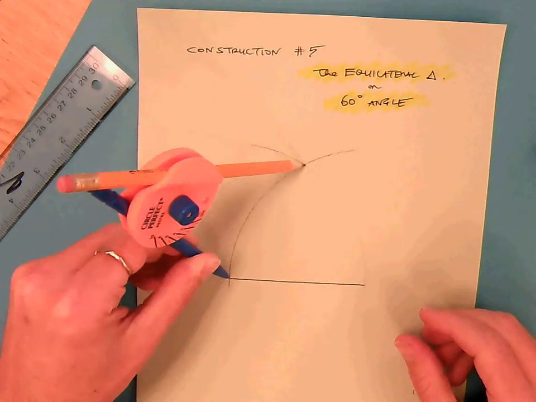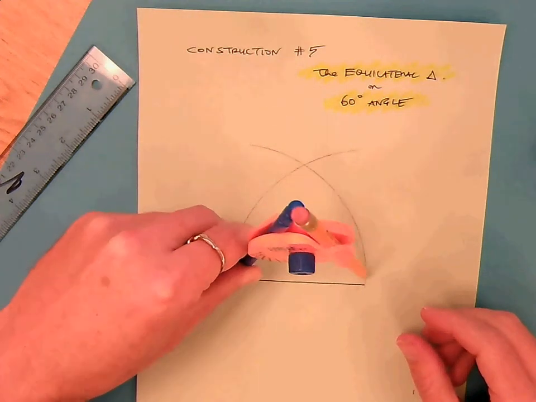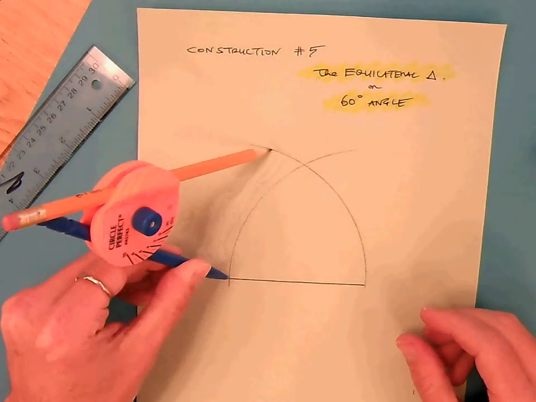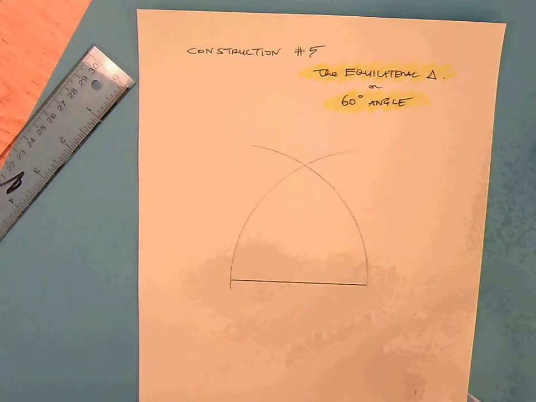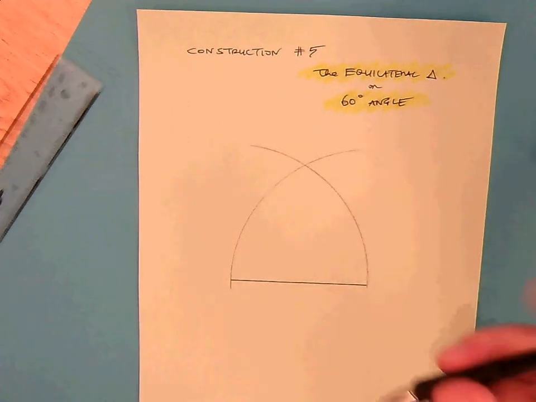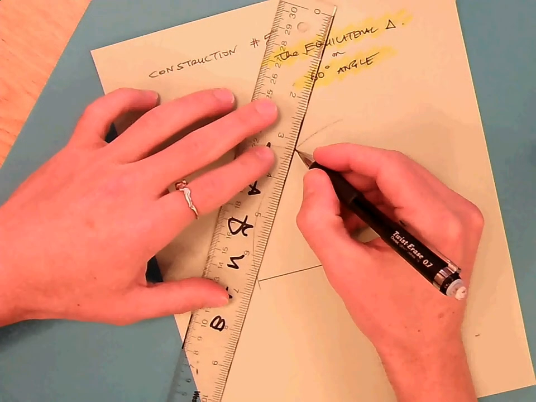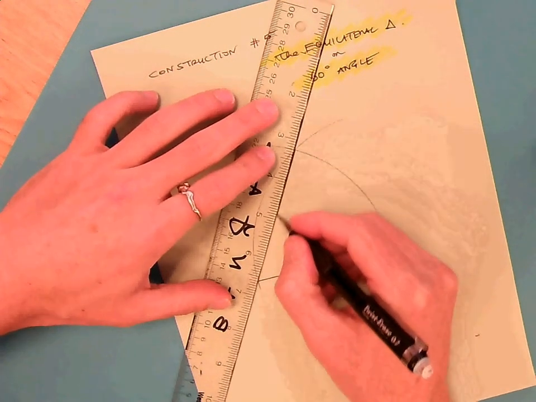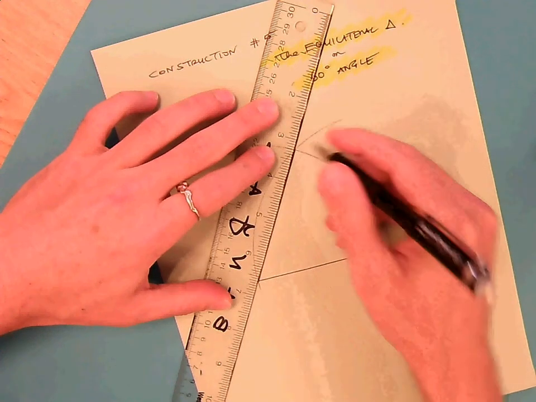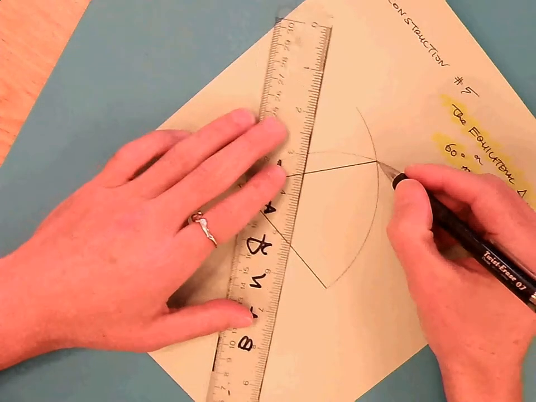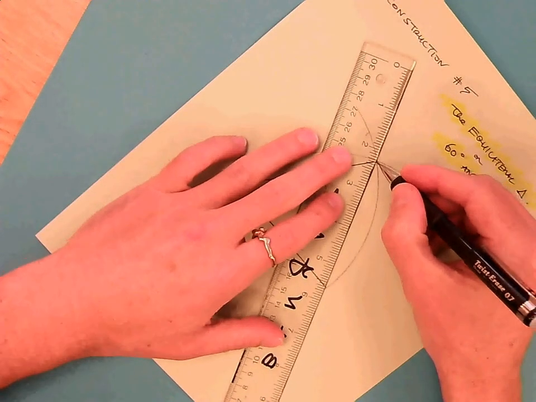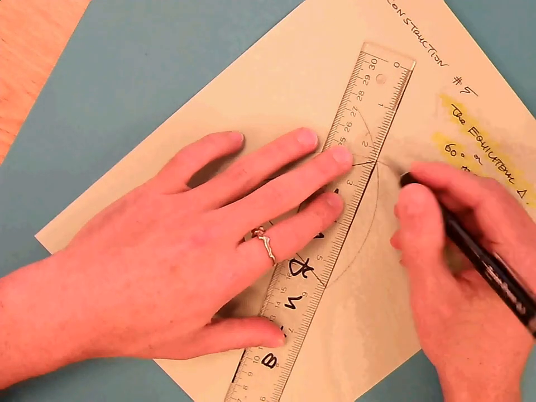When you do that, you get another point of intersection. That point is a point of reference I'm going to use with my straight edge and connect it to each of the endpoints of the segment that I started with. When I connect with two sides, I'm sure you can tell, I've now constructed a triangle.